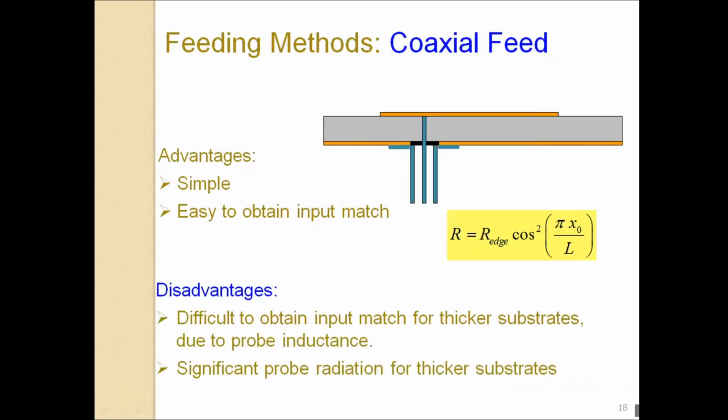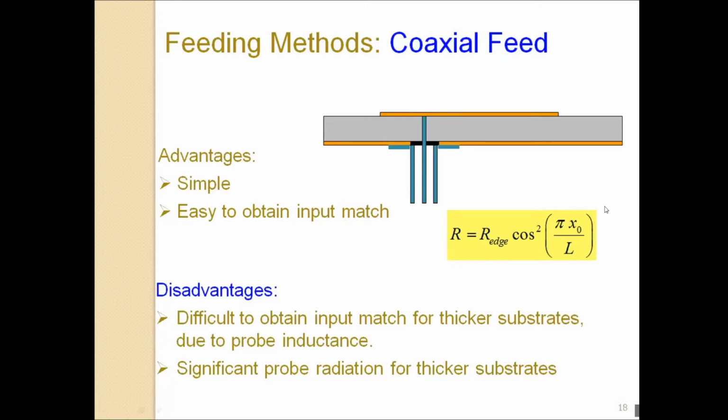In simple coaxial feeding, the resistance we can calculate with the help of the position, at which particular point the antenna has to be supplied with the supply voltage. But the difficult point is obtaining the proper impedance matching for a thicker substrate, because the probe has its own inductance.